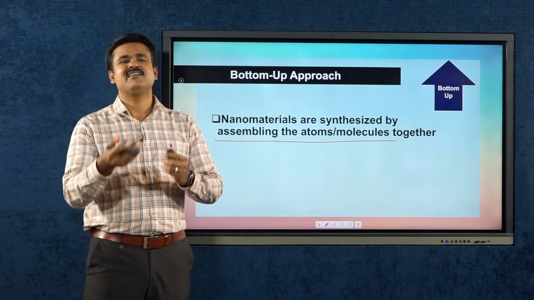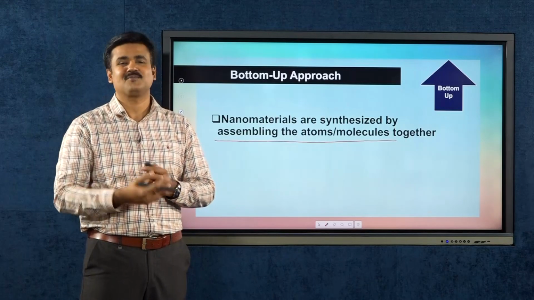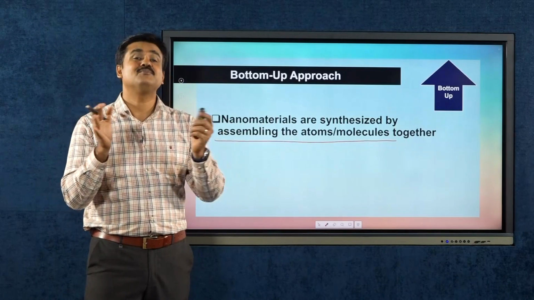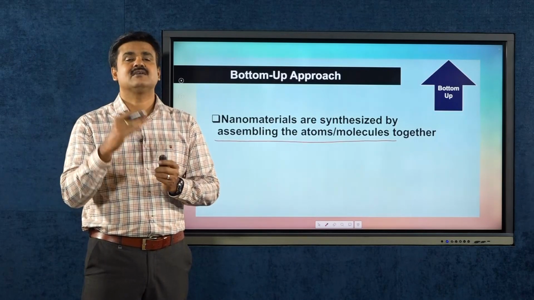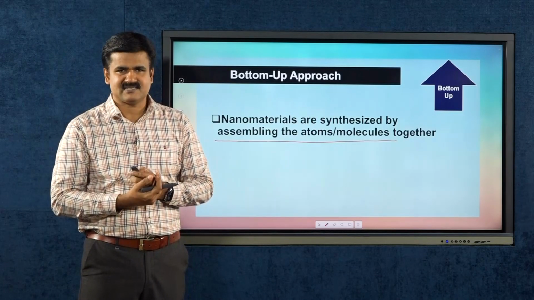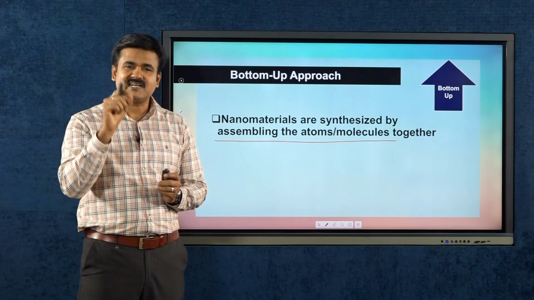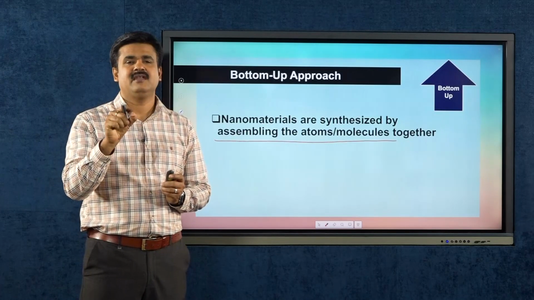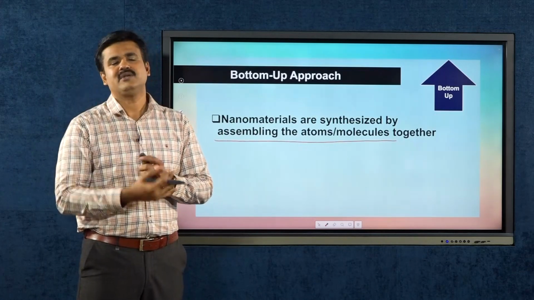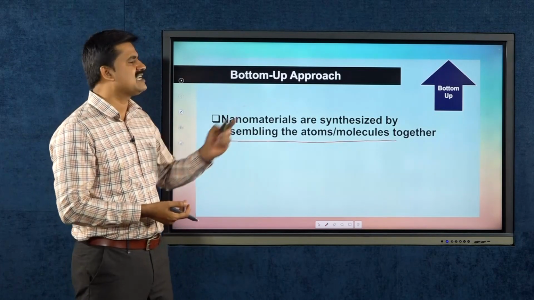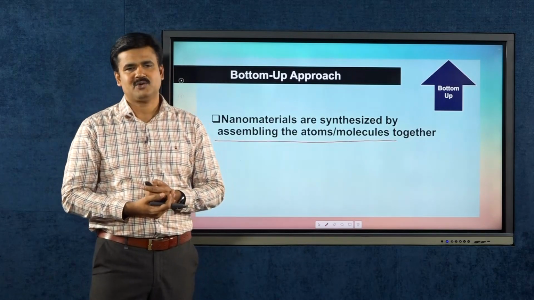So, we have to take very small atoms or molecules and assemble them together. We have to group them together to produce nano-sized objects. Here we begin from particles which are less than nanoparticles, and assemble them together to convert them into nanomaterials. So, the starting materials may be atoms or molecules.